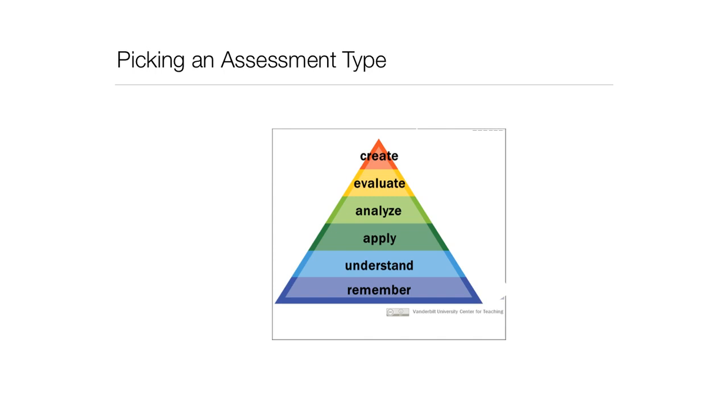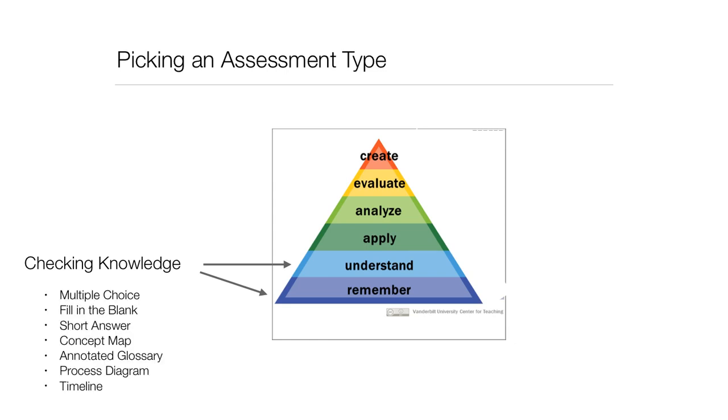Now we want to look at some of the possible options for each of these three types of assessments. We'll start with assignments that are good for checking knowledge. Checking knowledge is very amenable to short quizzes, multiple choice, fill in the blank, short answer. But you can also move outside of that.